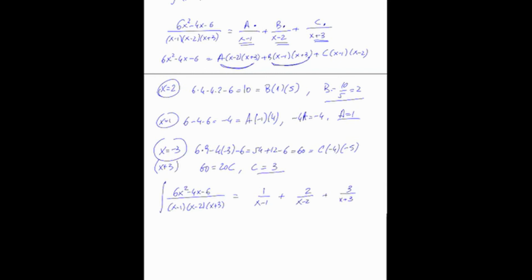So this integral would be the integral with dx plus the integral dx plus the integral dx. So that's equal to the log of the absolute value of x minus 1 plus 2 times the log of x minus 2 in absolute value plus 3 times the log of x plus 3 in absolute value plus C.